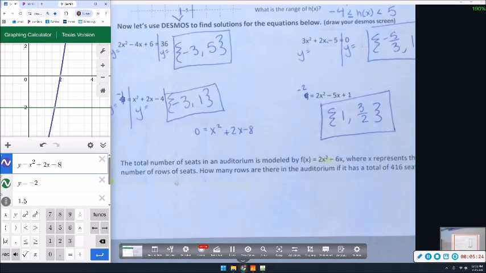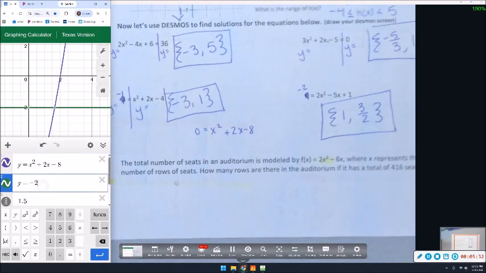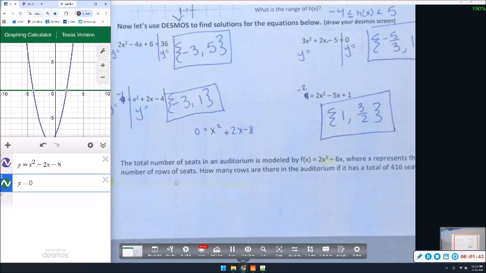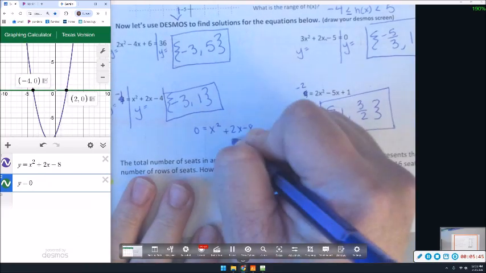Y'all are doing that last one. Now this one, what am I going to type? Y equals what? 0. And -4 and 2. Good job.